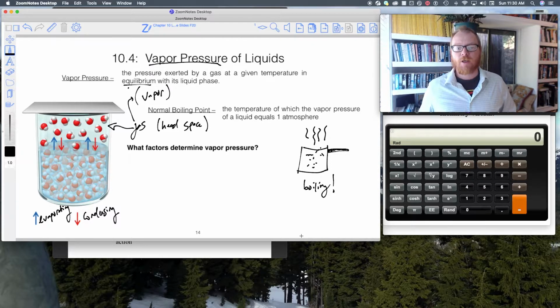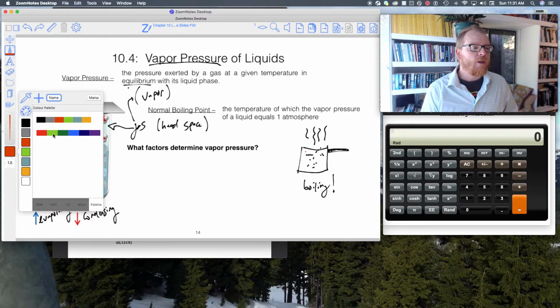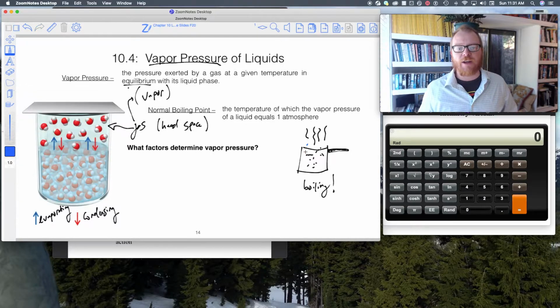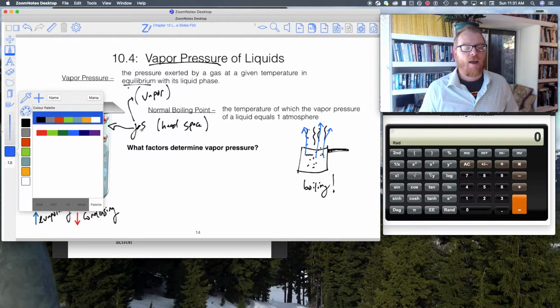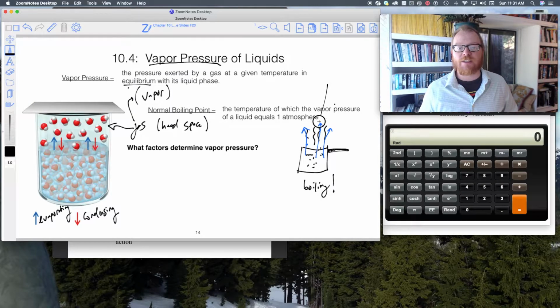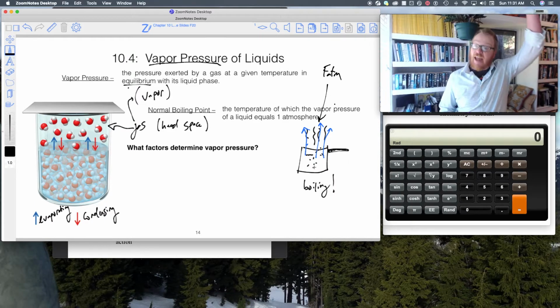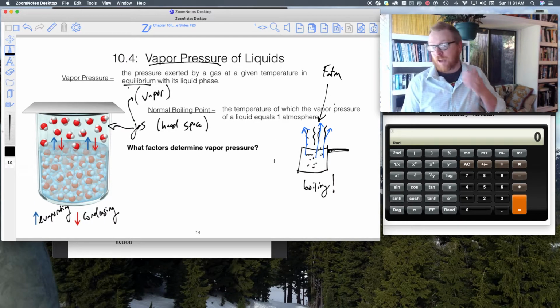So it's boiling, okay? What this means is, let me change colors. When a liquid is boiling, the force that the liquid is exerting on the atmosphere, oops, I did the wrong color. So the force that the liquid is exerting on the atmosphere is the same as the force that the atmosphere is exerting on the liquid. So this is the force of the atmosphere pushing on that liquid.